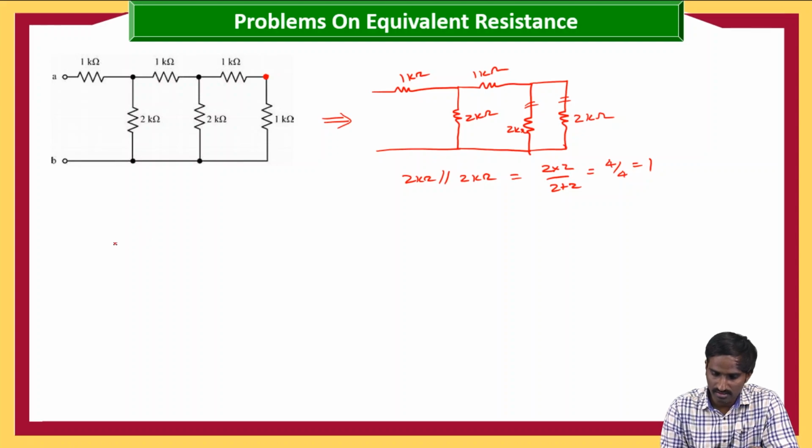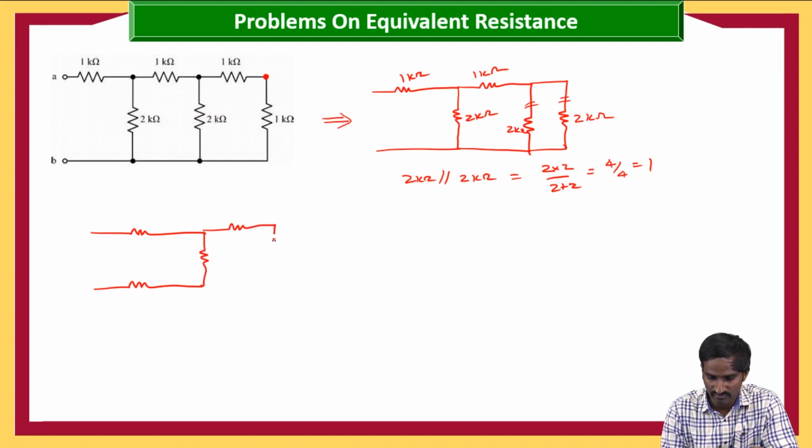Right. Then here again you can draw 1 ohm, and here 1 ohm, and here you will have again 2 ohm. And here you will have 1 ohm, and here again 1 kilo ohm. So 1 kilo ohm, and this is 2 kilo ohm. So here it is 1 kilo ohm, and here of course there is no resistor. This is the equivalent circuit.